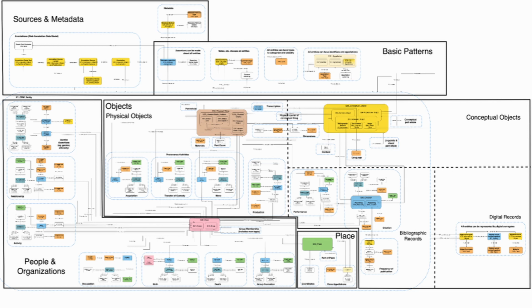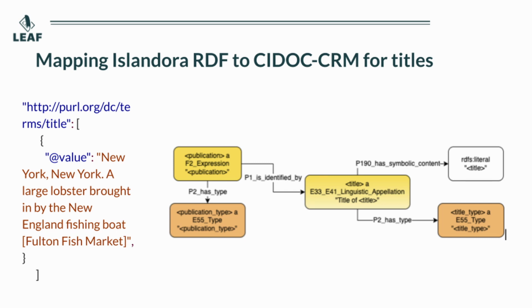It's an event-oriented ontology, and it makes things a bit more complicated for us because, as you can see from here, what we have on the left side of the slide is the native linked open data, Islandora linked open data for a title property, and here is how that is modeled in CIDOC CRM as an event-focused ontology.